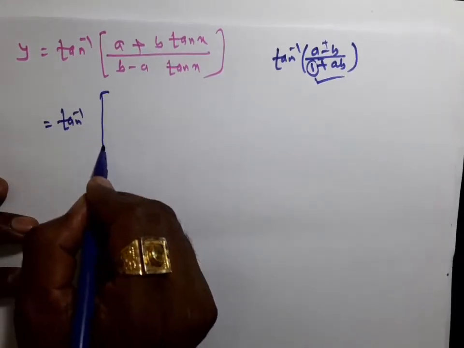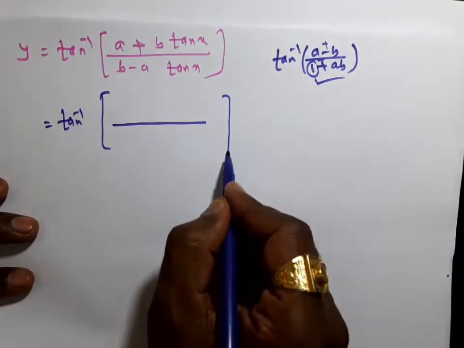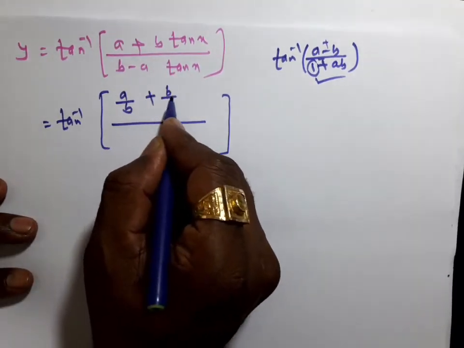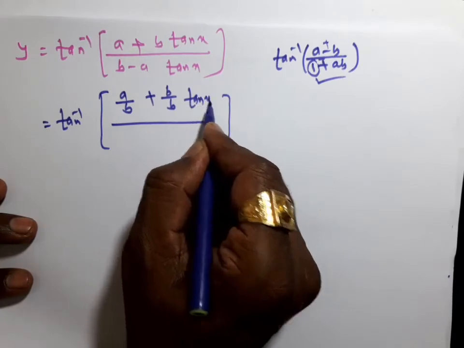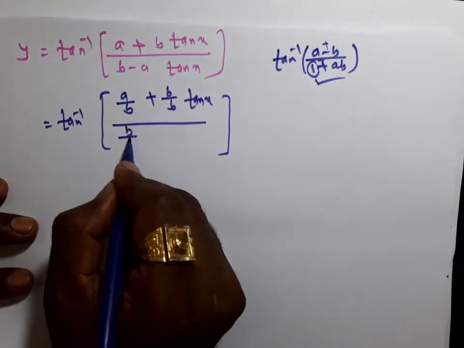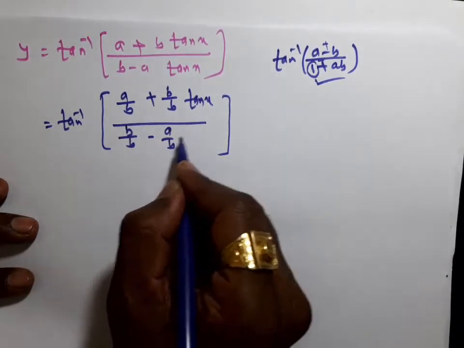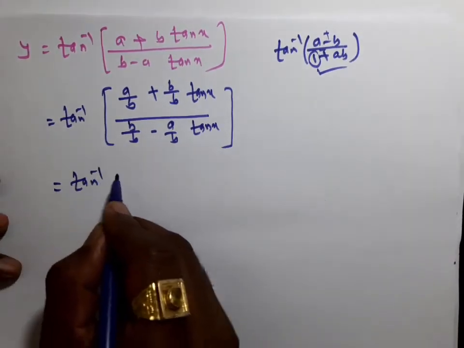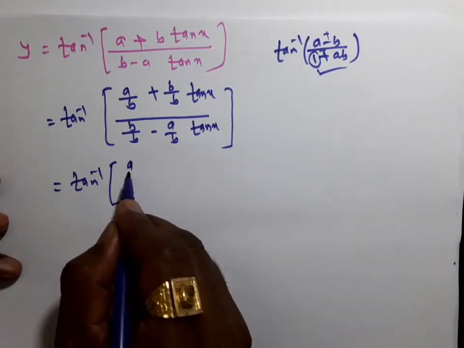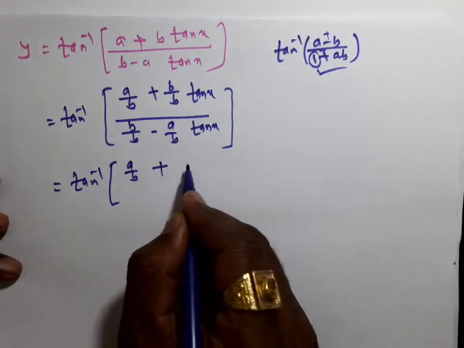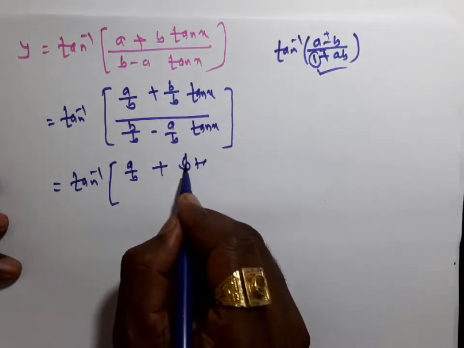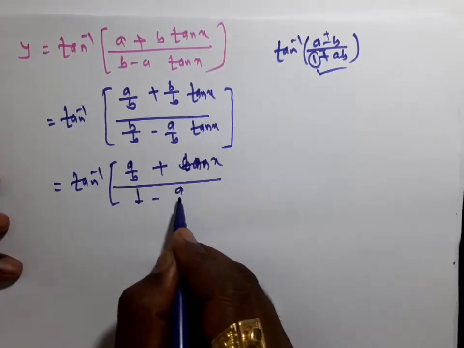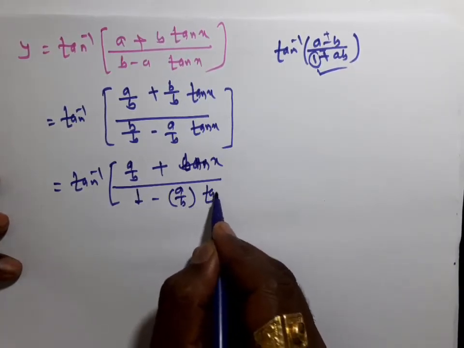divide by b to both numerator and denominator inside the bracket. So a upon b plus b upon b tan x, b upon b minus a upon b tan x, and this will be tan inverse of a upon b plus tan x divided by 1 minus a upon b into tan x.